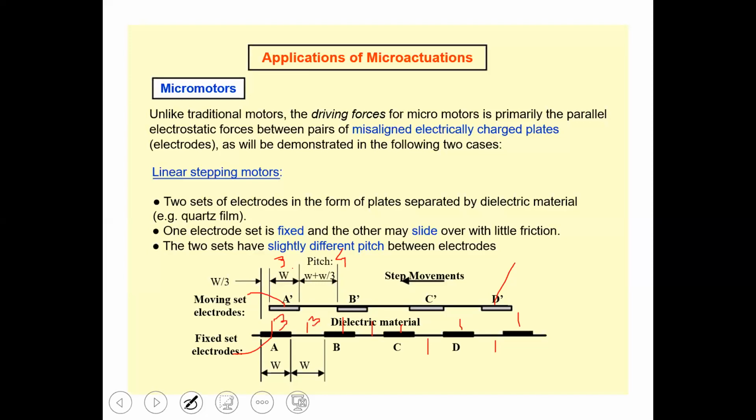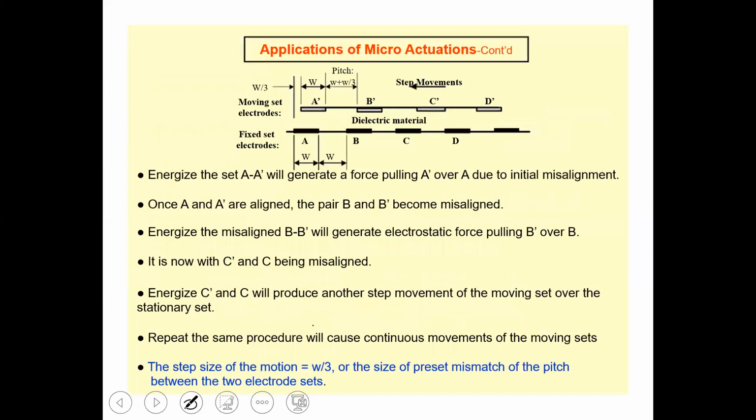So what happens? When you apply a differential voltage on this set of A and A, you have a different overlapped area, right? This is the overlapped area between these two.